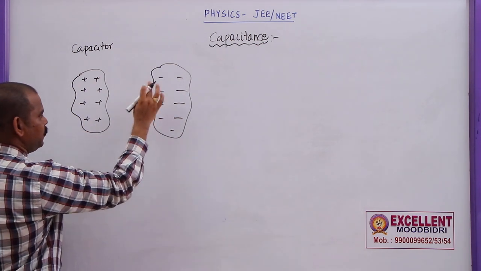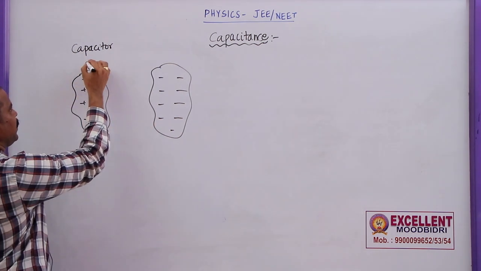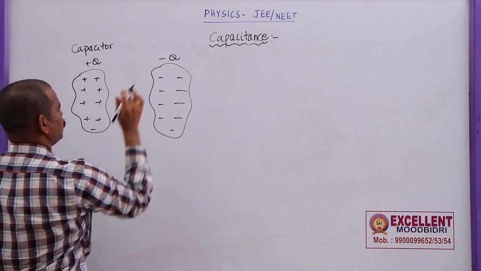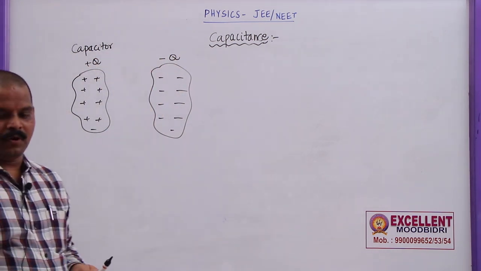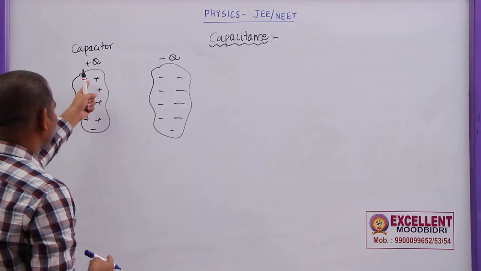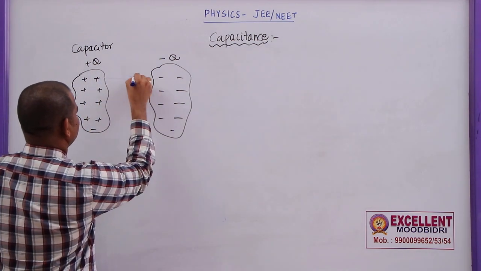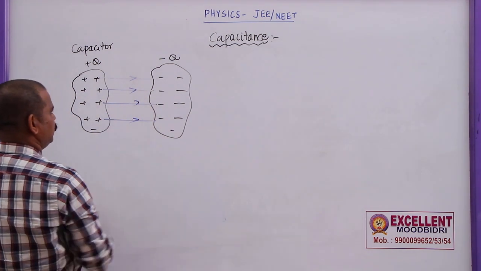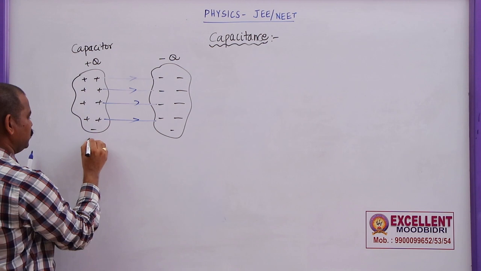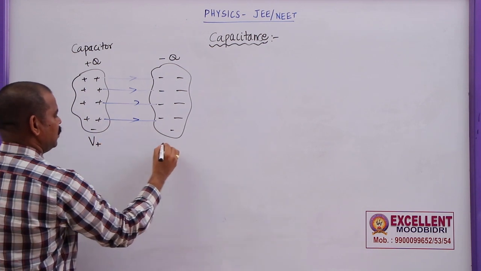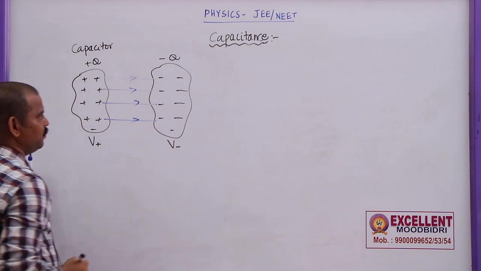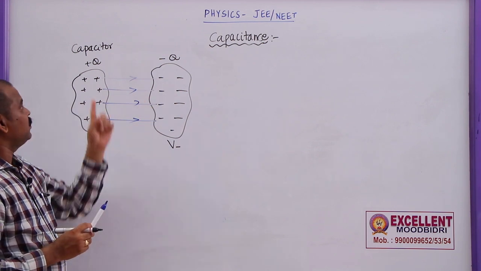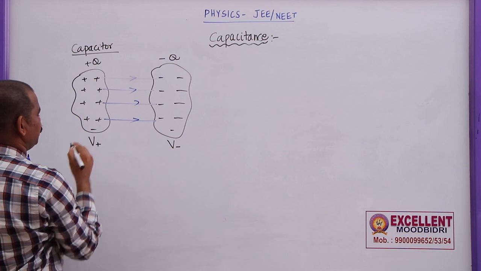If the total charge on this one is plus Q, the charge on this one will be minus Q. We know that the electric field always acts from the positive plate to the negative plate. So, this is the direction of the electric field between these two plates. Let the potential of this plate be V plus, and the potential of this plate be V minus. Generally we call them two conductors, but in a capacitor we call them plates.